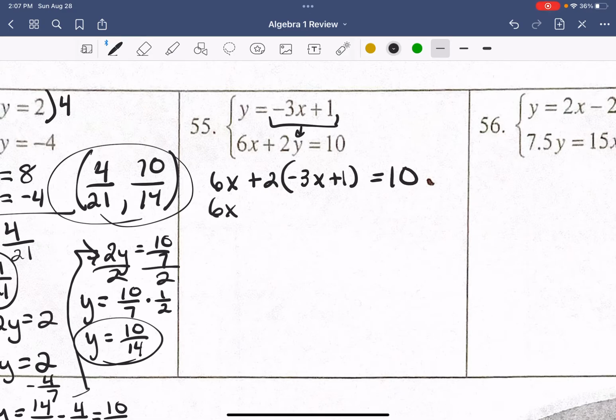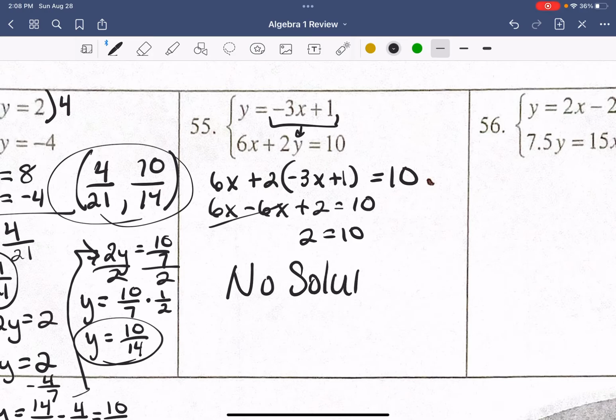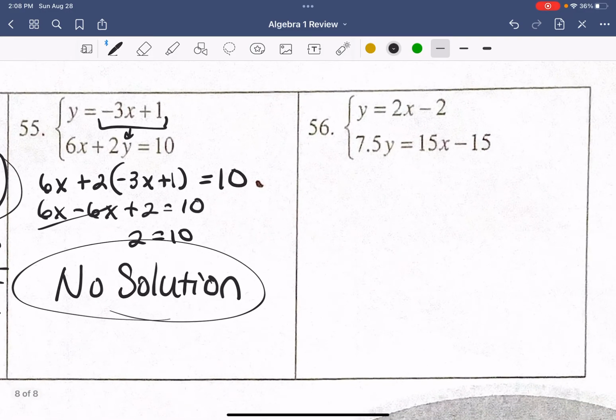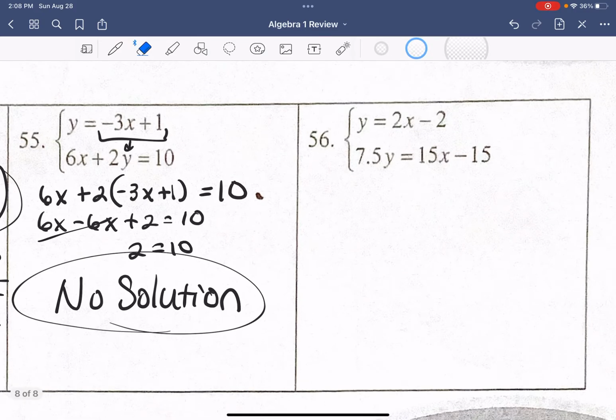I simplify. The 6x and the negative 6x just cancel out, and I'm left with 2 equals 10. Well, 2 doesn't equal 10. So this is an example of when you get no solution. There is nothing that I can do to make 2 equal 10, so it's no solution.